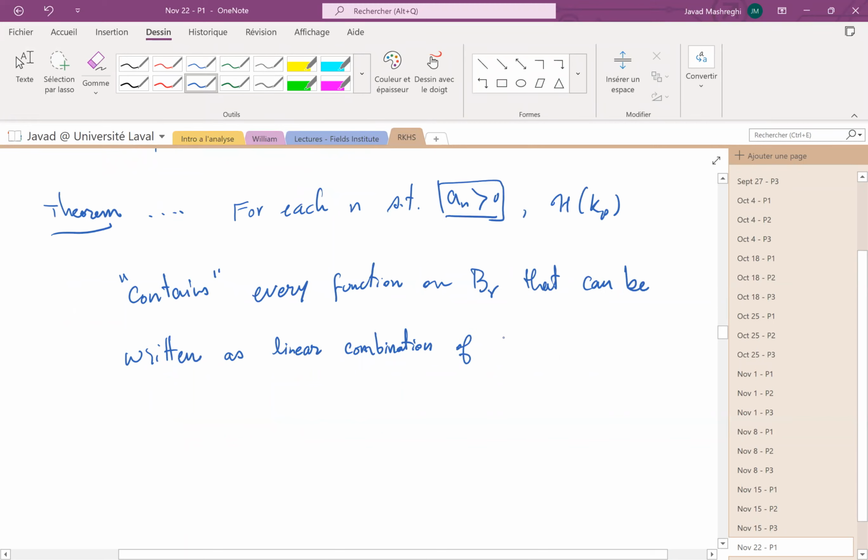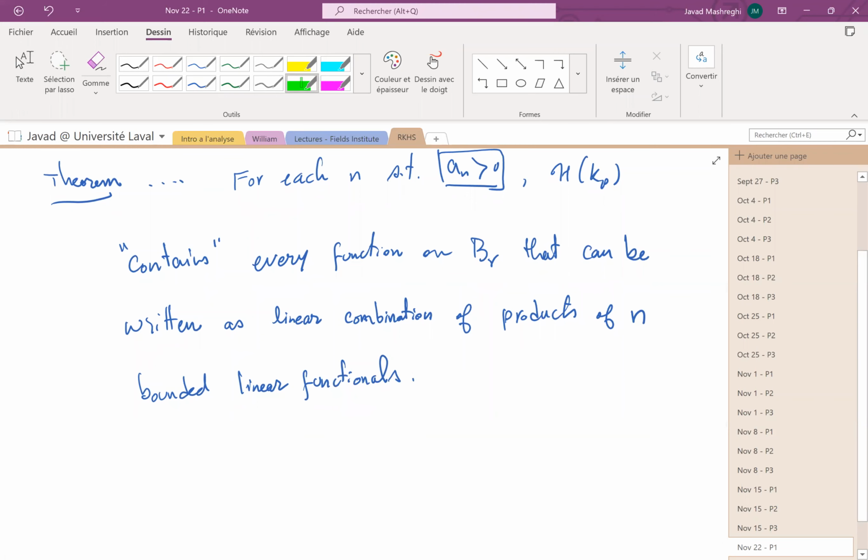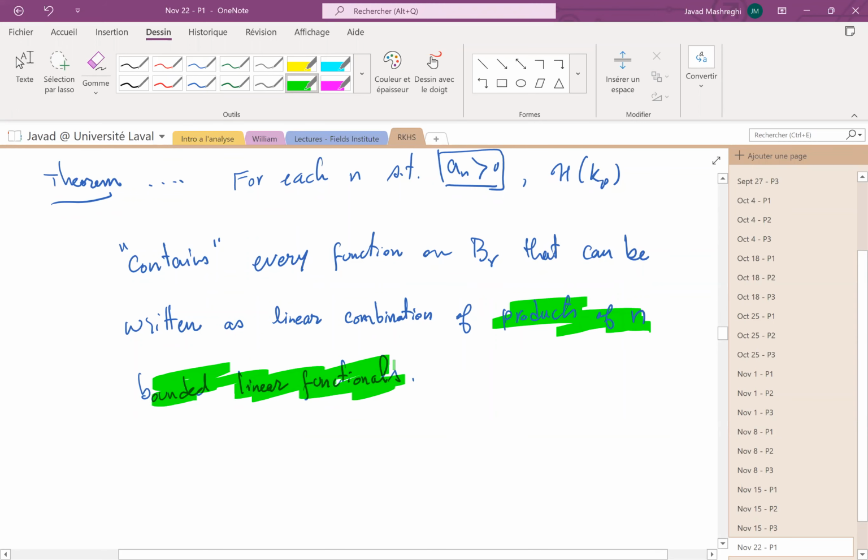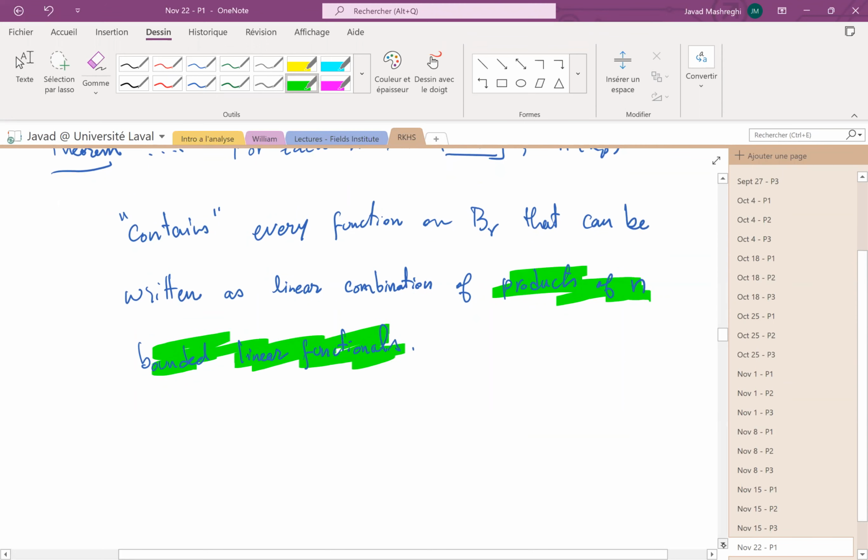Of products of n bounded linear functionals, which we call polynomials on L. So any product of n bounded linear functionals, and then you sum them up with different coefficients, but restrict them to the ball to avoid any divergence problem, then this is an element of our space.